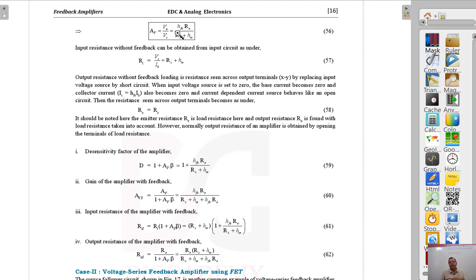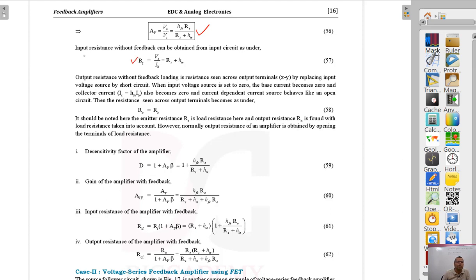without feedback loading. And if you see the input side, I need to find the input resistance without feedback loading. So we have obtained the voltage gain of the amplifier without feedback loading. And I need to find the input resistance and output resistance without feedback loading.